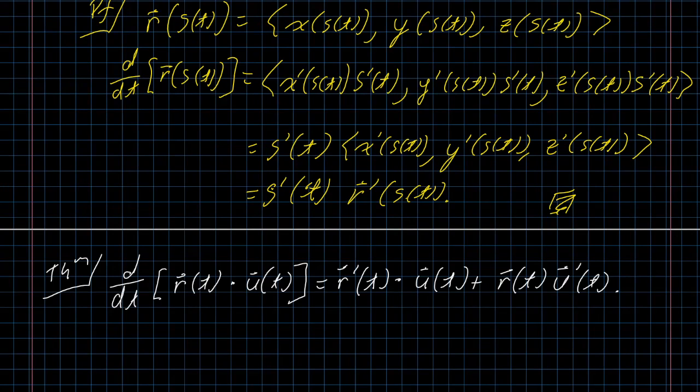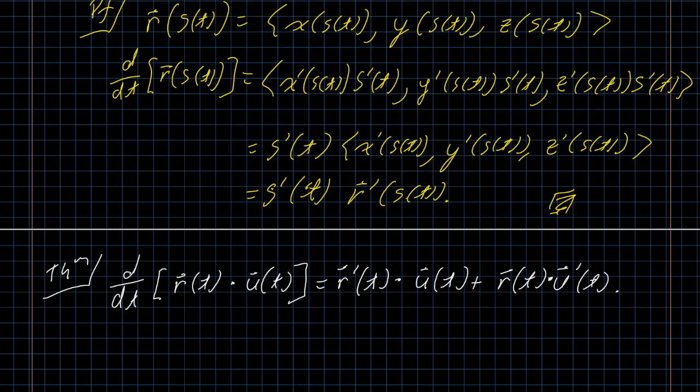For the dot product, we don't have to be all that concerned about order because the dot product is commutative. R dot U and U dot R are the same thing. That's not going to be true for the other products that we have available. And so it's worth trying to keep straight the notation.